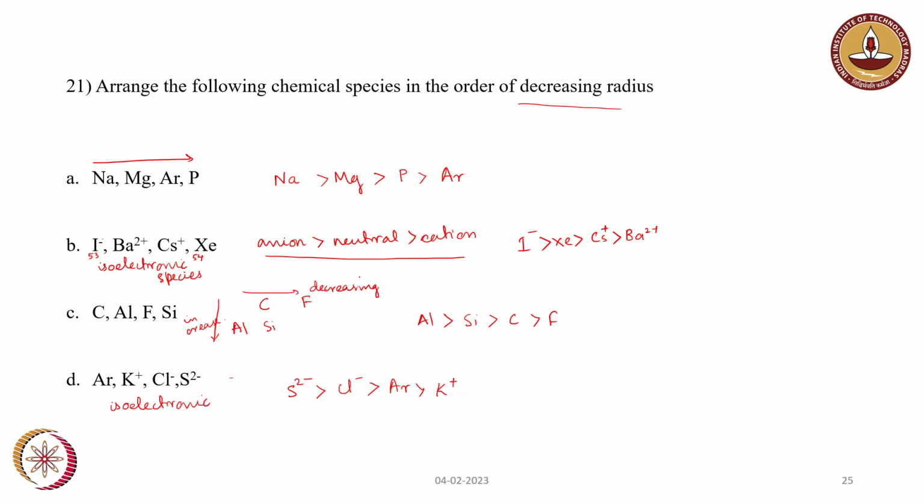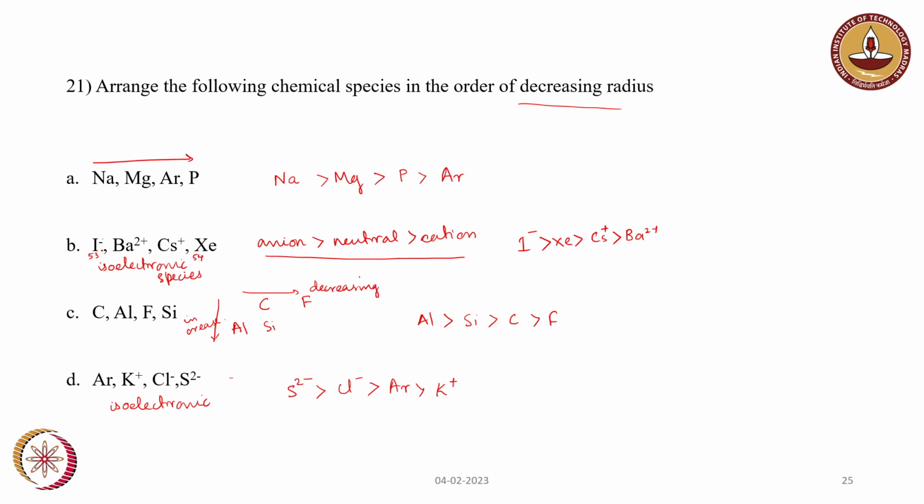And then next question is arrange the chemical species in the order of decreasing radius. So the first one, sodium, magnesium, argon, and phosphorus, they are in the same period, but when we move from left to right of a period, the size of the elements decreases. So the order is sodium, magnesium, phosphorus, and argon.